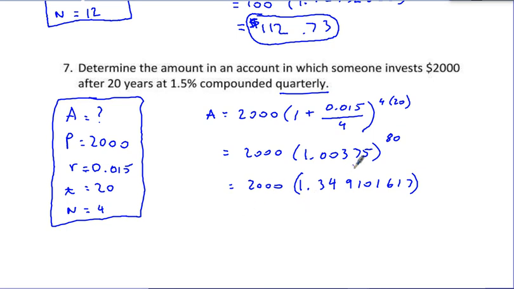If you just take that answer that's in your calculator and hit times 2,000, it will multiply it unrounded. It's a very good habit to not round in the middle of a problem, only at the end. That way you'll be most accurate. $2,698.20 rounded to the nearest penny.